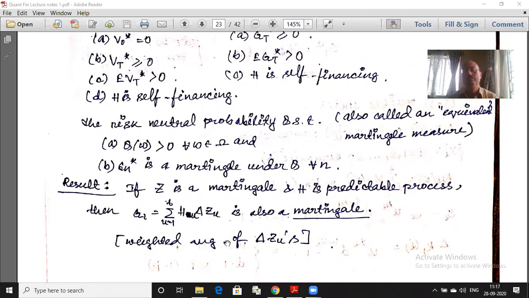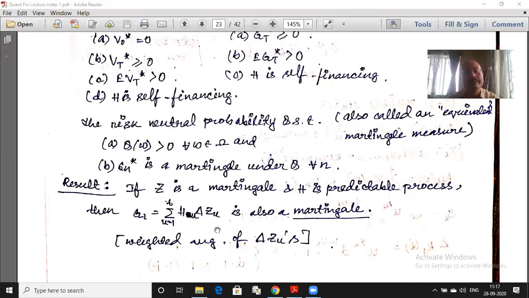So you can just show it in 1 or 2 steps, but H being predictable is important, because whenever I am conditioning on time t information, H is already known. Otherwise, the expectation equal to 0 may not hold. Because if H itself remains a random variable, then H and delta Z may have correlations, etc., and the expectation may not be 0. H needs to be predictable. It must be known at time t. And then if Z is a martingale, then this G will also be a martingale.